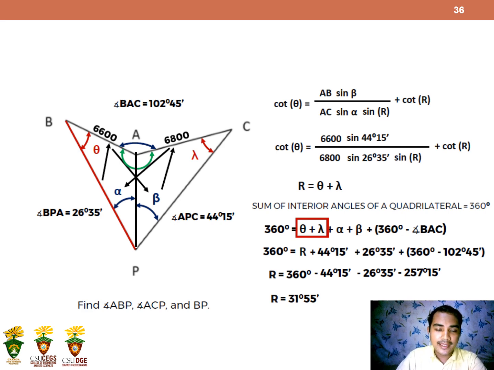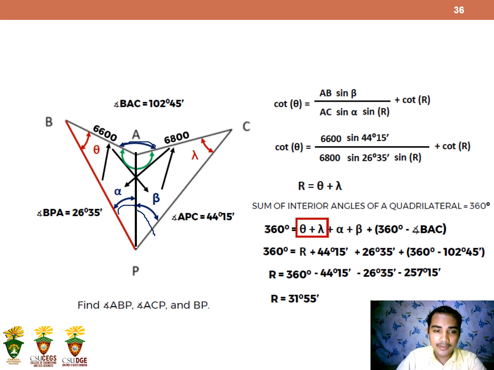Now, we have the given angle BAC, which is this one, BAC to be 102 degrees and 45 minutes, and also we have given BPA, which is this one, to be 26 degrees and 35 minutes. Another given, which is the angle APC, this one, we have 44 degrees and 15 minutes.